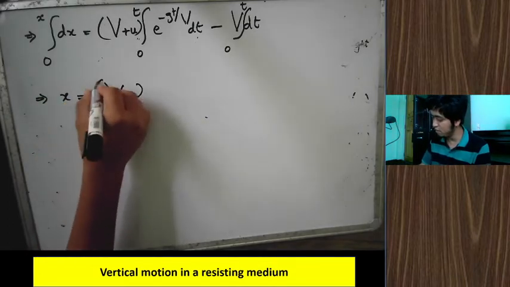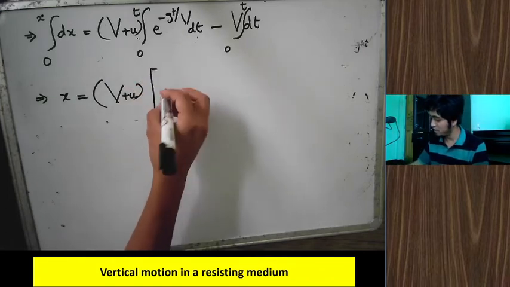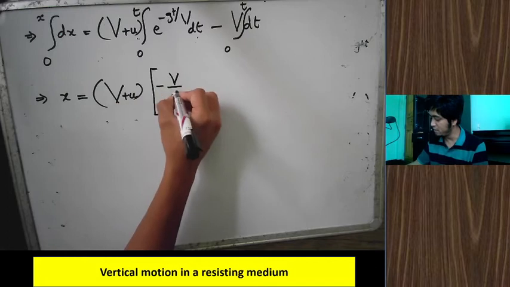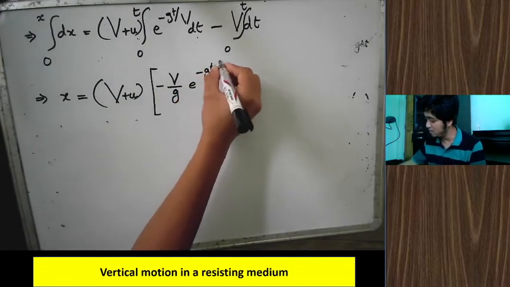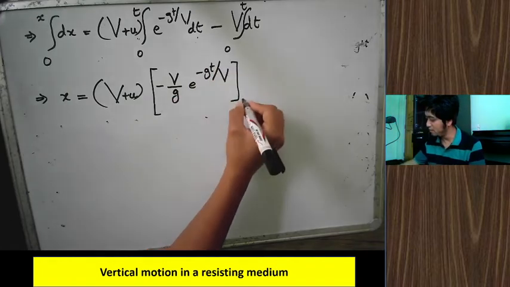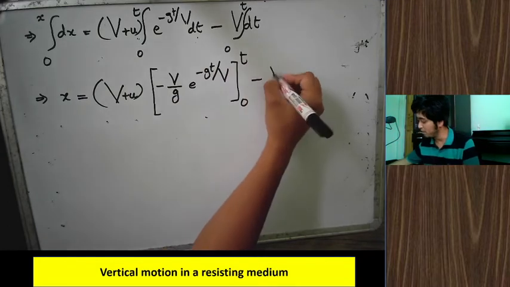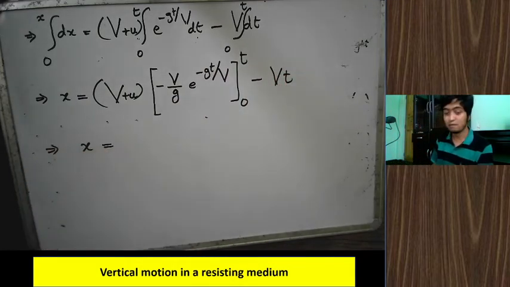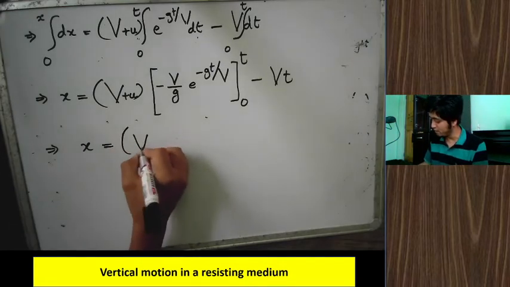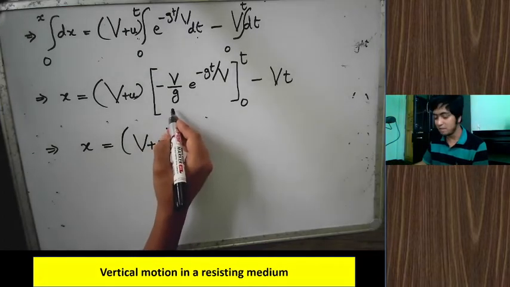V plus u, integration of this one will be minus V over g e to the minus gt by capital V, limits from 0 to t, and for this one it will be minus V t. Minus V by g is a constant.